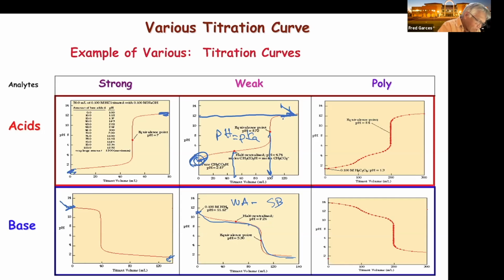And these are situations right here where you have a polyprotic system. You see 2 inflection points, so it's diprotic. Here you see 2 inflection points, so this is dibasic.